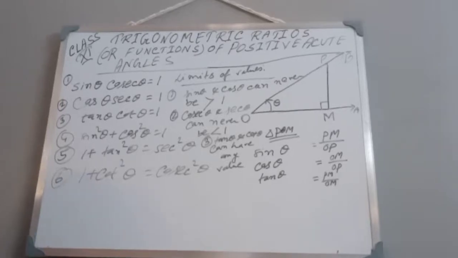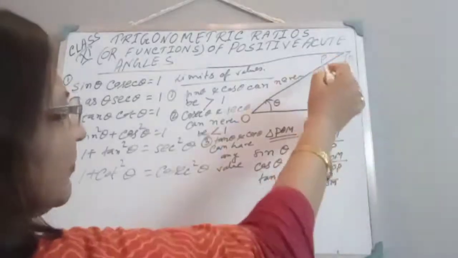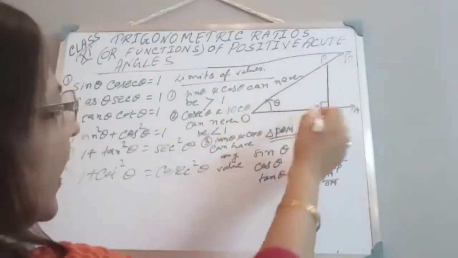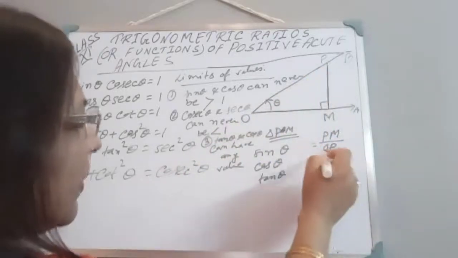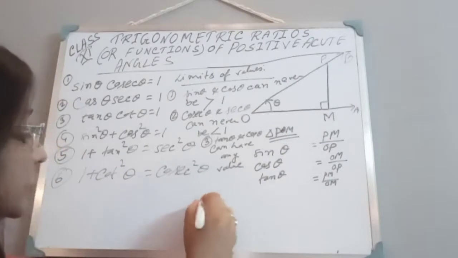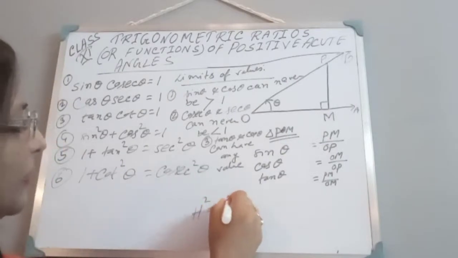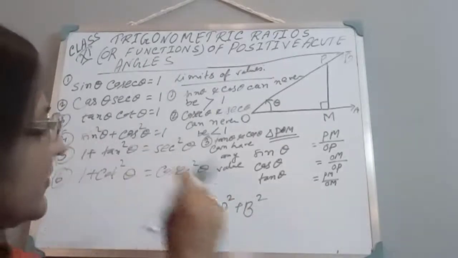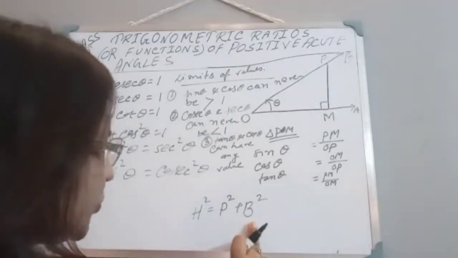Why not? Because sin theta is equal to PM, that is perpendicular by the hypotenuse, and cos theta is again OM by OP. Both denominator parts are hypotenuse, and we know hypotenuse square is equal to perpendicular square plus base square. Okay, so hypotenuse square is equal to perpendicular square plus base square.